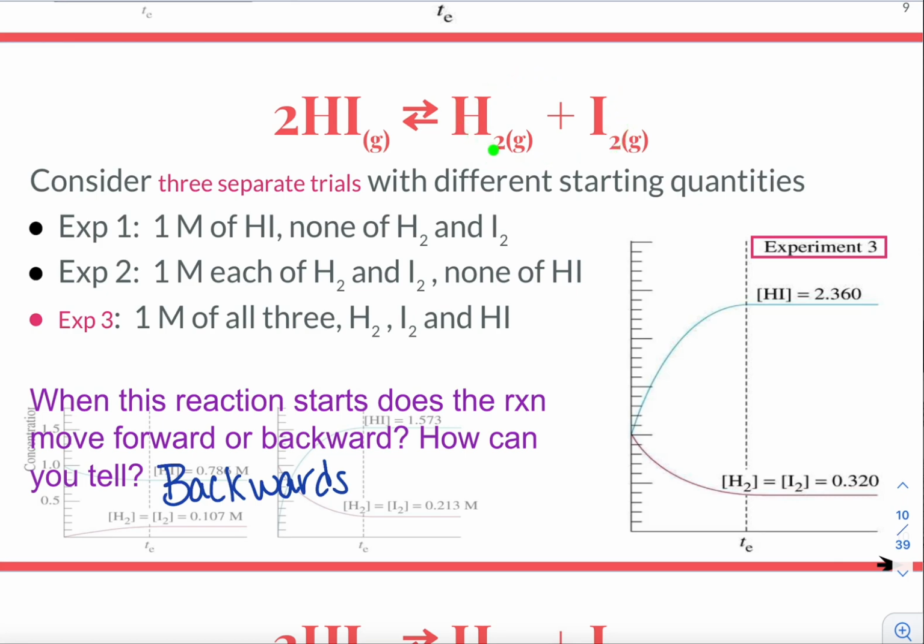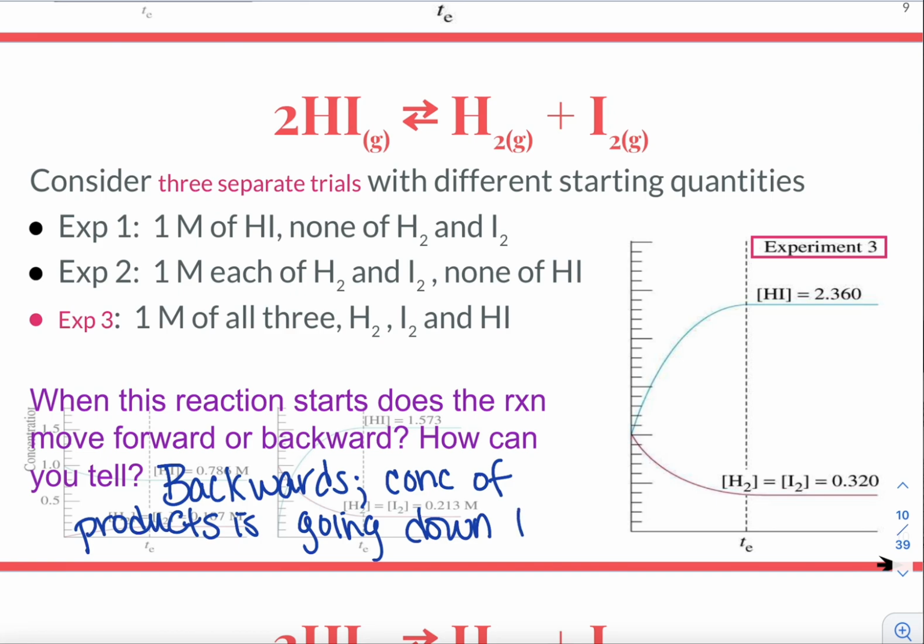So if we're using up this and making this, we're going backwards. But just like the other two, you can see that equilibrium is eventually reached. Different numbers.